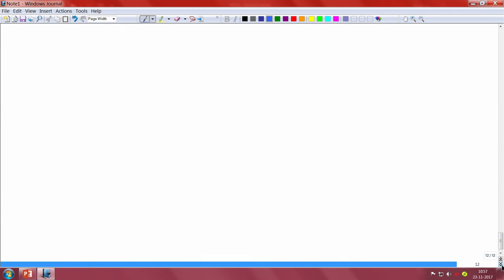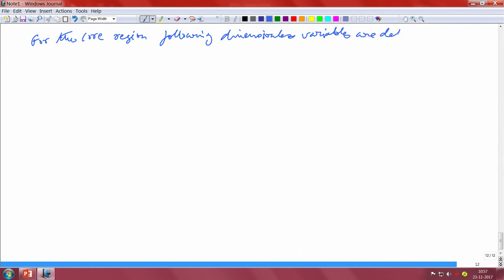Now, for the core region, the following dimensionless variables are defined.